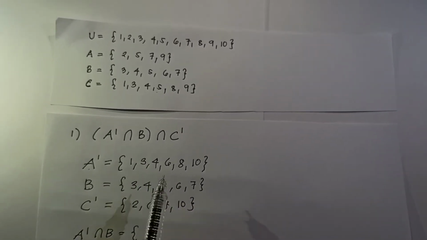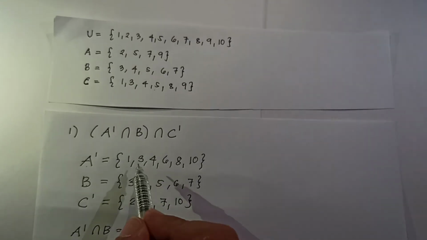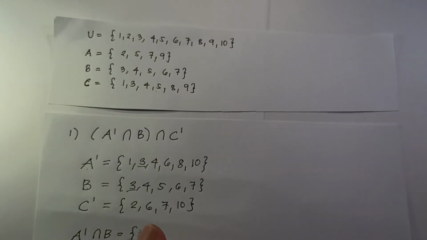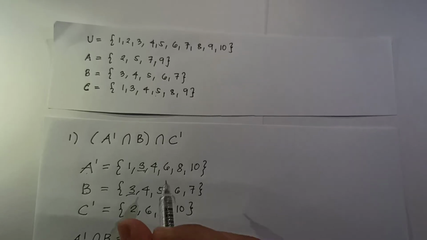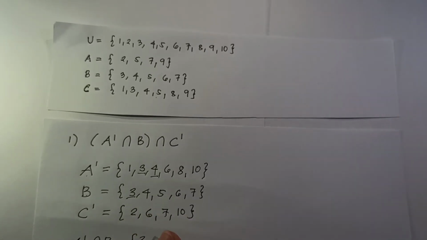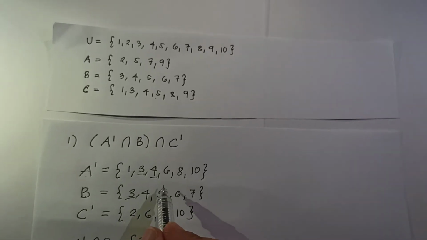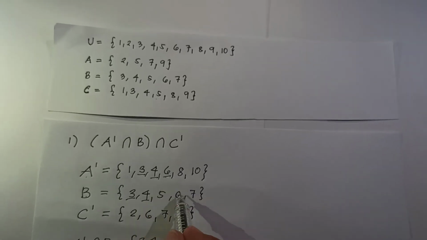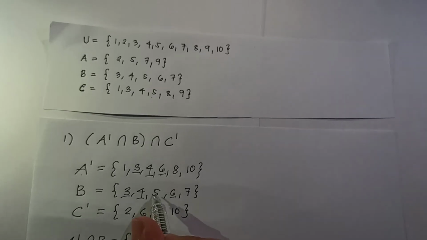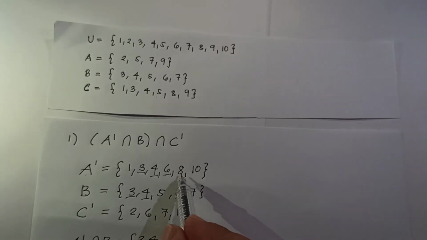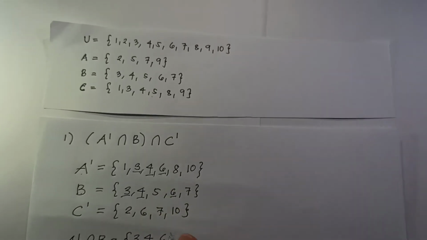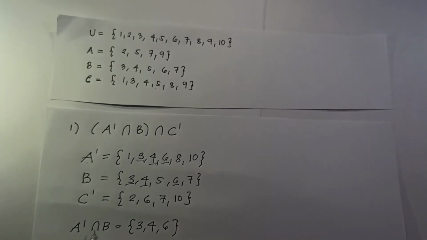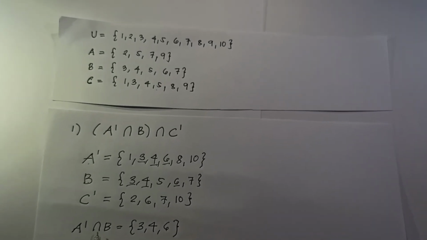First, these are the intersection: the 3 here, so we write 3. Next, 4, and 6. There is no intersection in 5. 8, none. And 10, none. So, therefore, A prime intersection B.